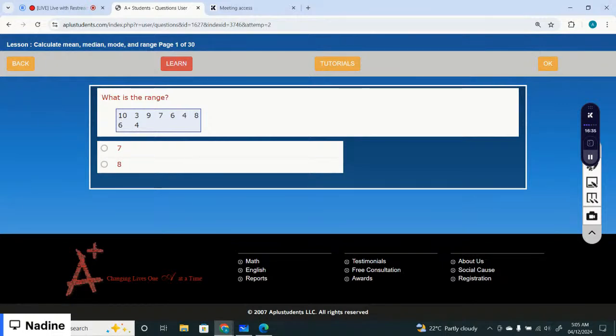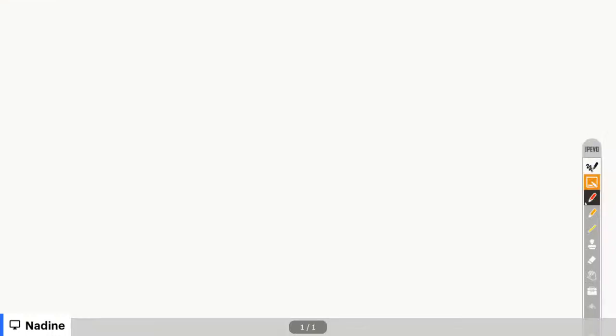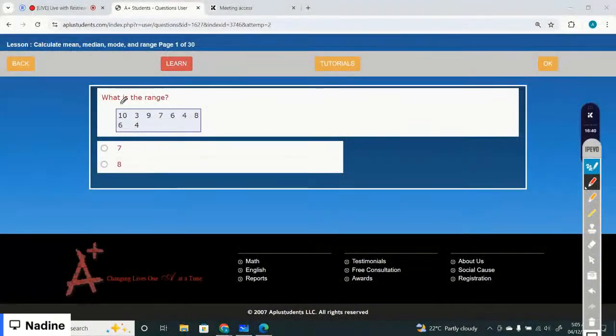The greatest number in the given data is 10 and the smallest number in the given data is 3. So the range is 7. Got it? Range is the difference between the greatest value and the smallest value in the given data. That is 10 minus 3. The correct option is 7. Option number 1 is the correct option.